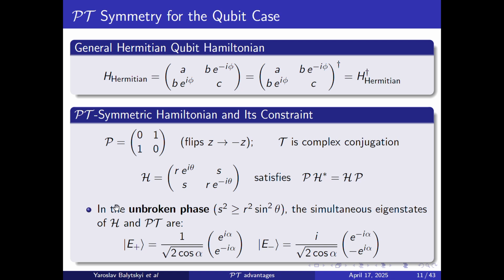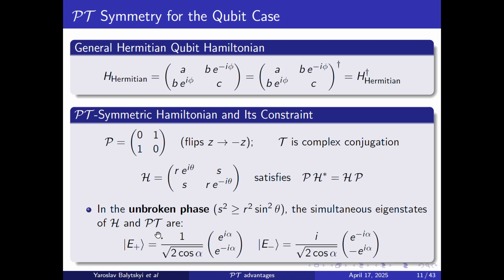And in the unbroken phase, which corresponds to the case when both eigenvalues of this Hamiltonian are real, the simultaneous eigenstates of H and PT are these two.